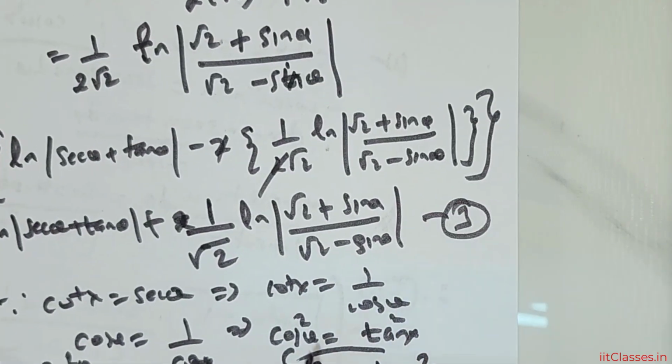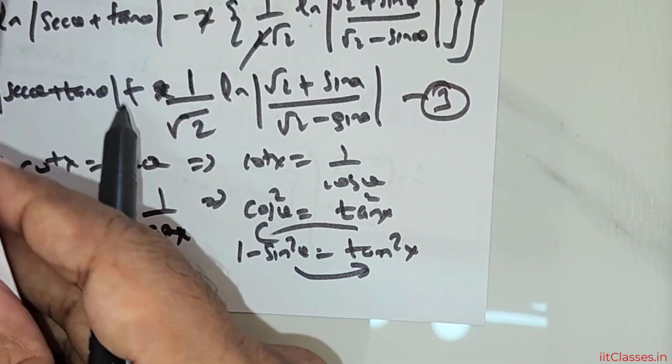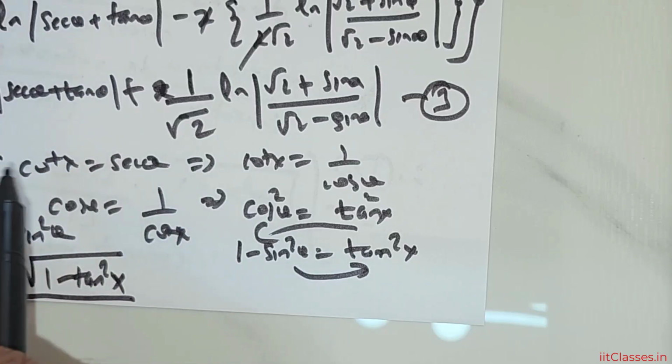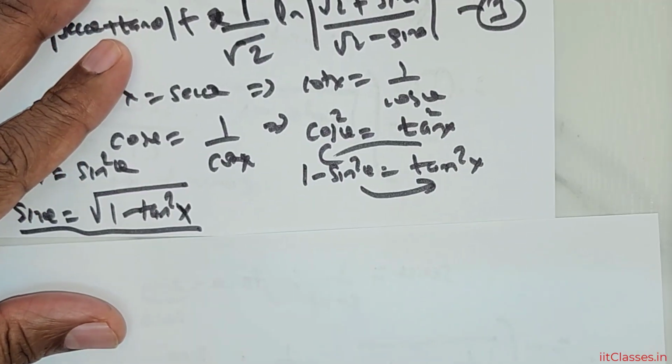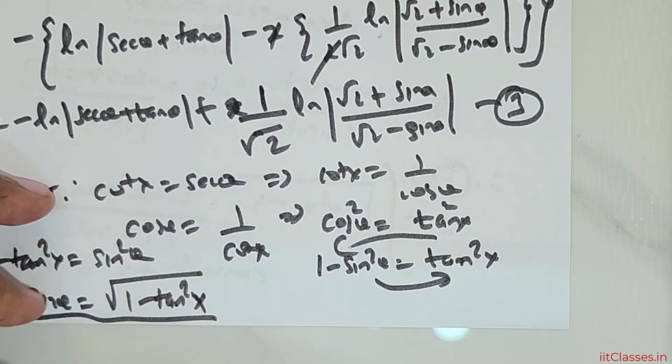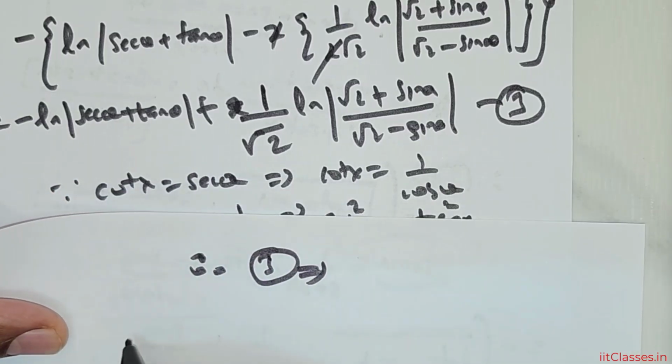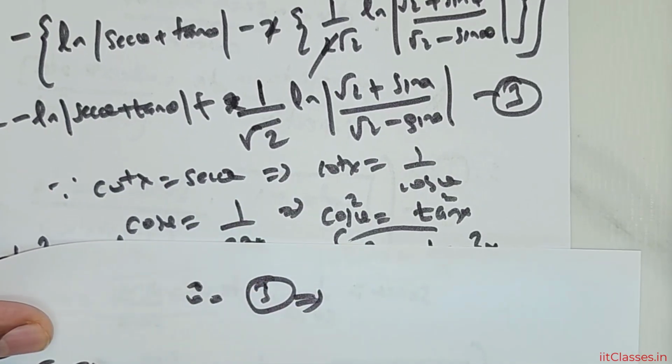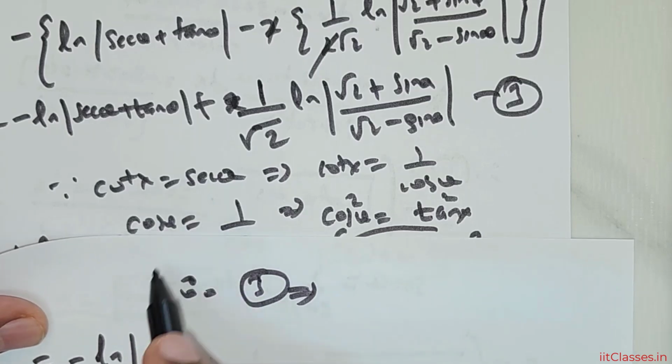So I'm going to take this as 3 and I will rewrite it on this page. So therefore 3 can be rewritten as, secant theta, as I mentioned to you, this is going to be negative ln modulus. In place of secant theta you place cot x plus tan theta, I have to bring in this tan.